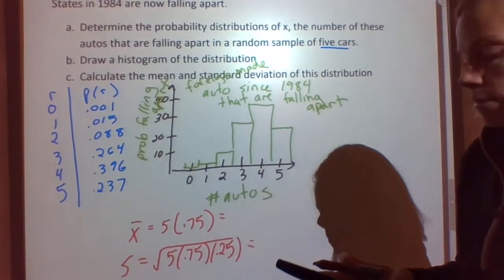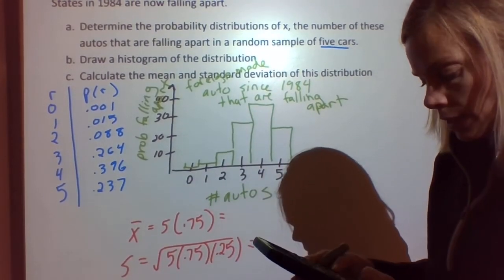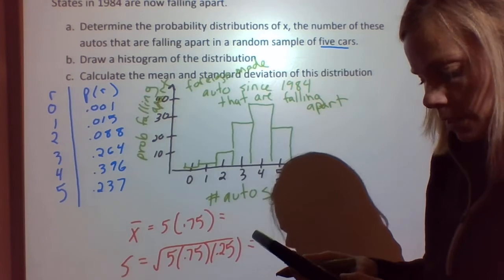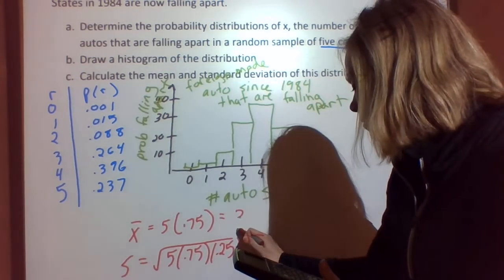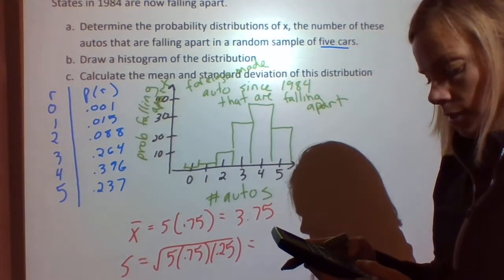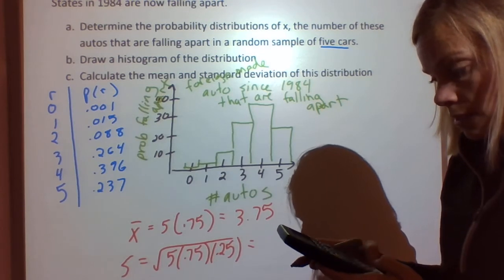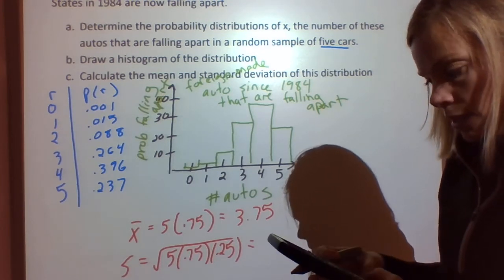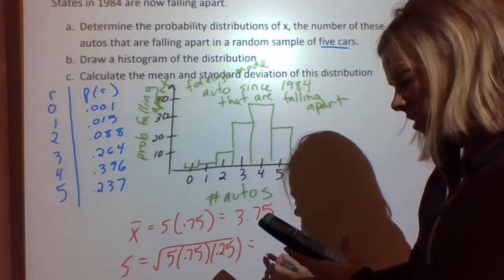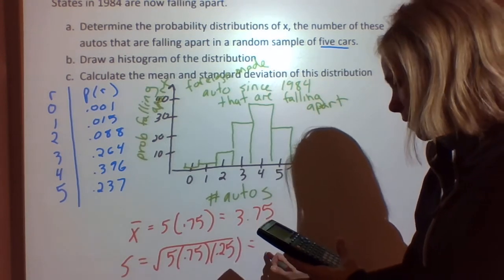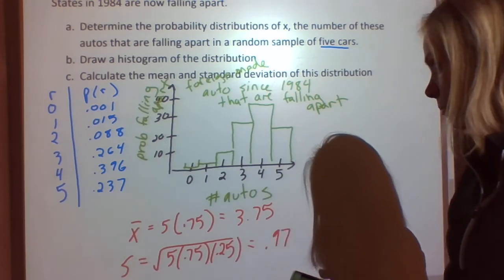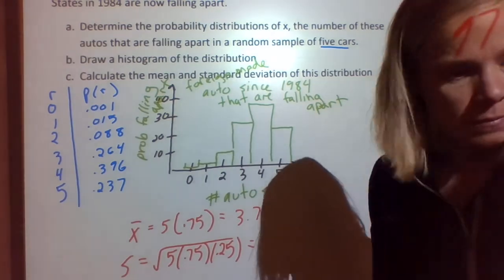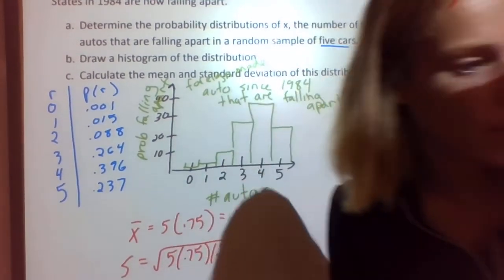So calculator, 5 times 75. Standard deviation then. And should my standard deviation be small? Yes, I'm only going from 0 to 5. So 0.97.